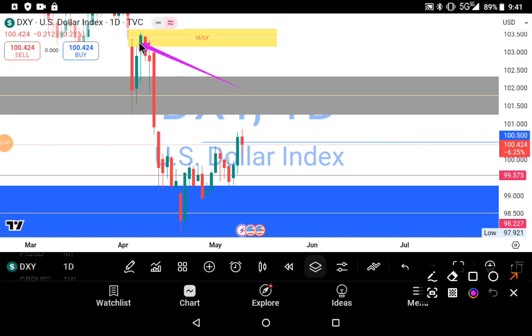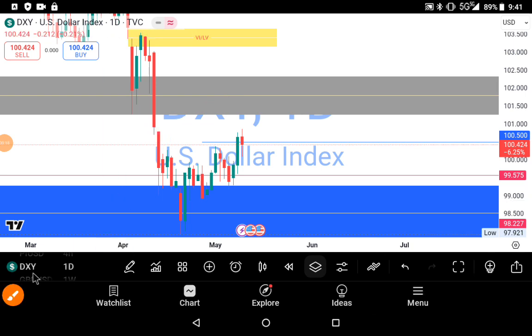The same thing I shaded out in yellow here is the same thing I'm watching here. That was the main reason why I picked 100.500 and the 101 big figure, because they fell into this level, and you can see the high of this candle falls into that same level.